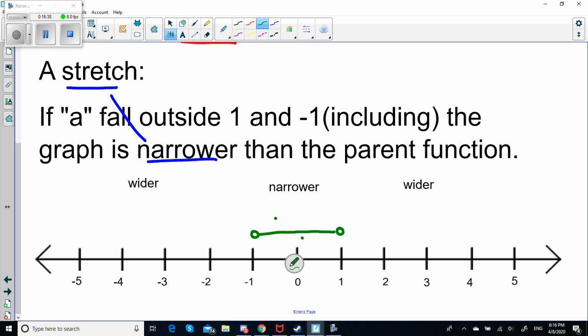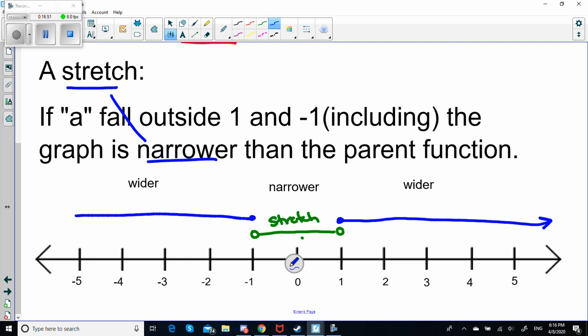So if it's narrower, the a that is, this is a stretch. Okay, and then if I do my stretch, that would be including 1 going bigger. That would be including -1 going smaller. So this is narrower, so this is a stretch, and so is this over here. So that graphic is a good way to remember.